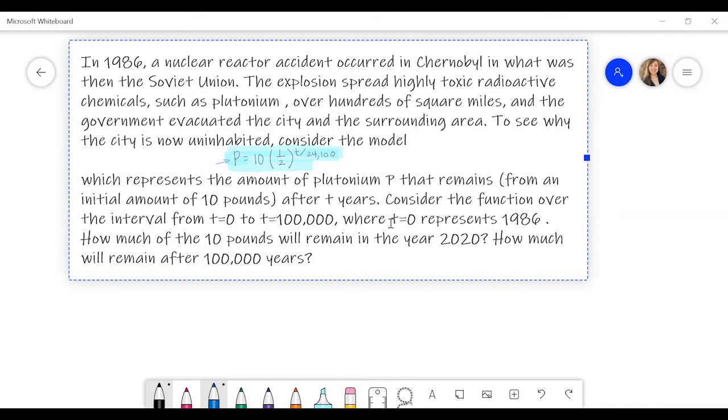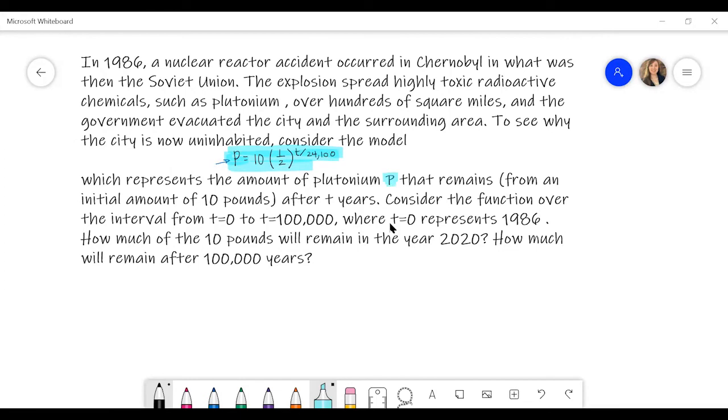Okay, so the amount of plutonium that remains is directly tied to this value P, right? This is exactly the amount of plutonium P that remains from our original 10 pounds. So if we can find the appropriate values to plug into this formula, we can determine how much P remains.